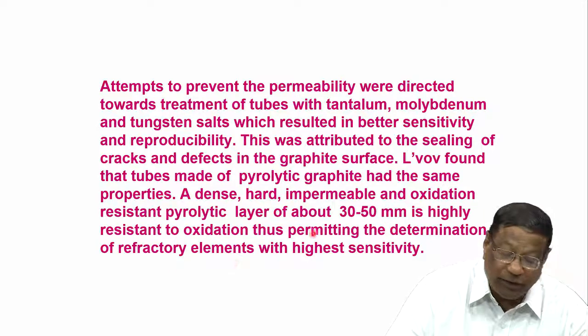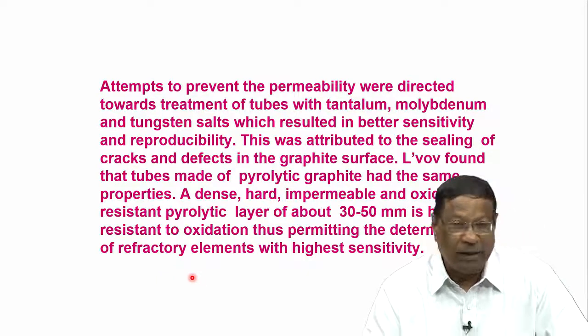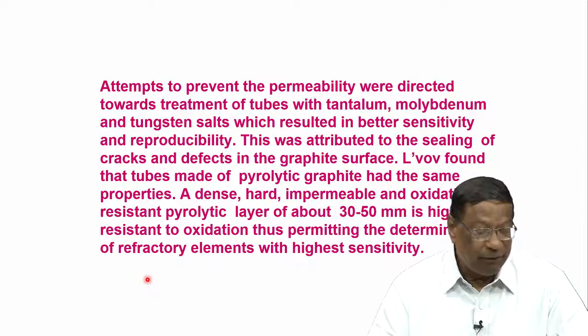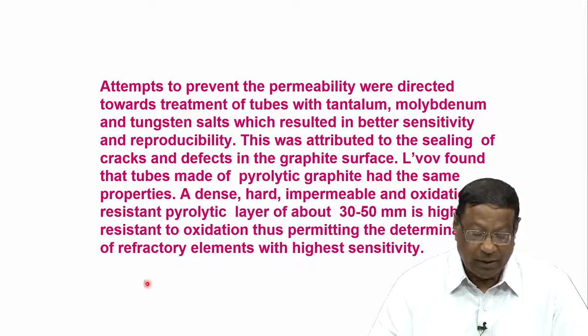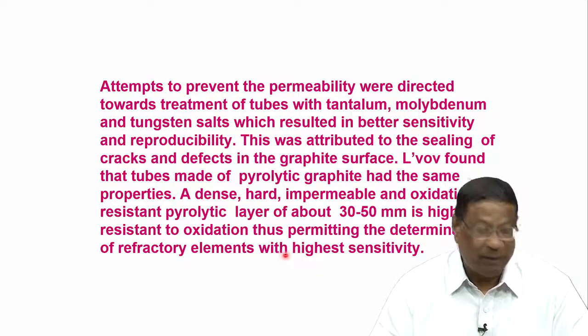He found that such carbon tubes are highly resistant to oxidation and permit the determination of refractory elements with high sensitivity. We know that refractory elements are not easy to determine in flame atomic absorption, but in a graphite furnace, if I use a pyrolytic graphite coating, then I can get better detection limits.